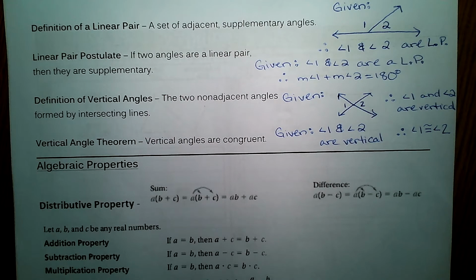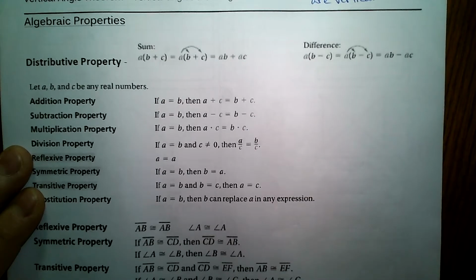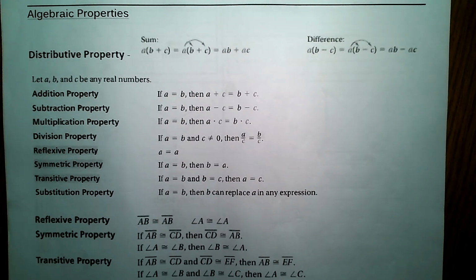Okay, whew. Told you there were a lot of angle things we've learned this year. We've been busy learning. This next chunk on your notes here is a review of all the algebraic properties you covered in Algebra 1. Okay, I'm not going to go through each of them. We are strong at algebra, and I don't really plan to introduce very many proofs that really mix your algebra and geometry together.